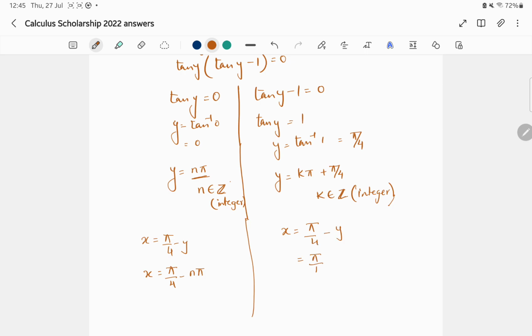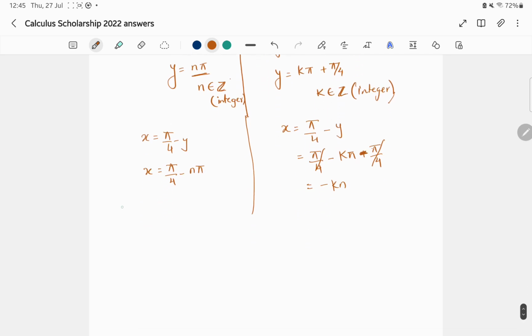So here it's going to be pi over 4 minus k pi plus pi over 4. The pi over 4 terms cancel, so you're left with minus k pi. All right, so here your first coordinate can be pi over 4 minus n pi comma n pi. Okay, and on this side you can have minus k pi comma k pi plus pi over 4.